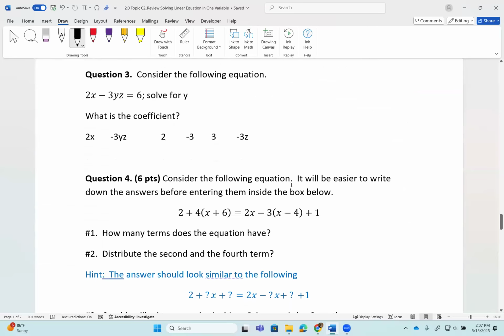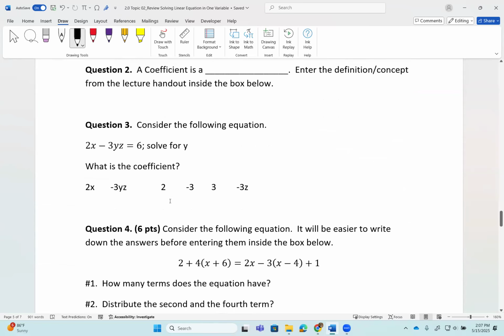Question number 3. Consider the following equation, from the same exact example I showed you earlier. What is the coefficient? I'm solving for y, so tell me which one is the coefficient. It's a multiple choice on the homework.